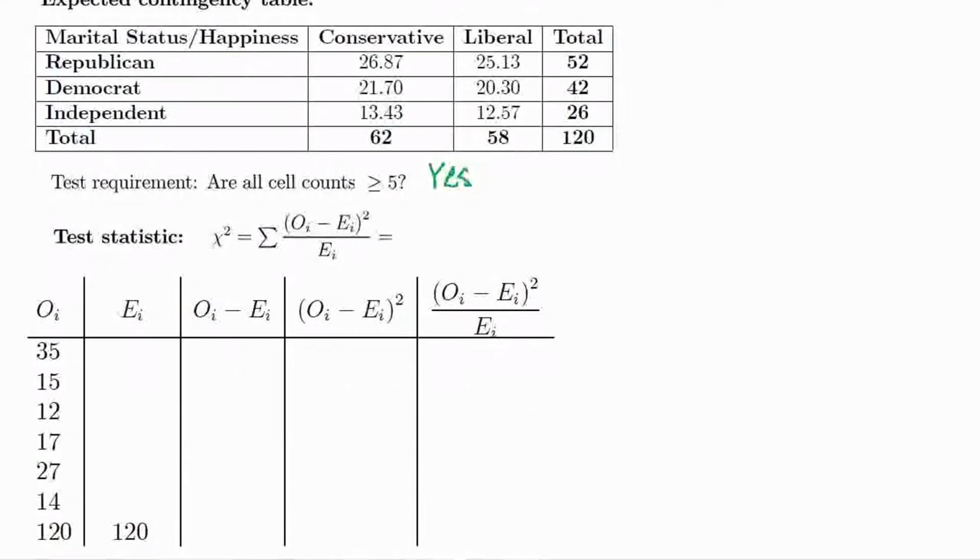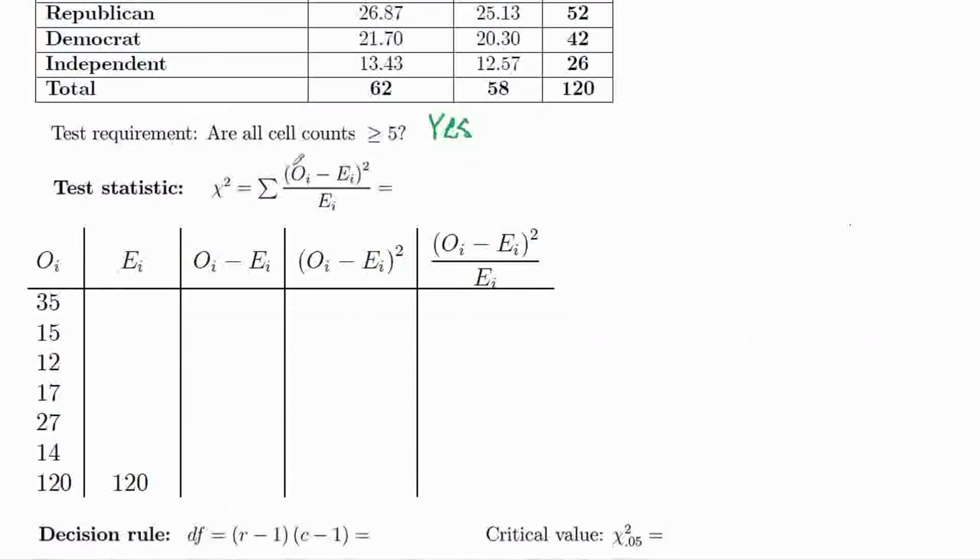And now we want to compute our test statistic. So that's the sum of observed minus expected, squared, over expected. So I've got the observed column here, expected, observed minus expected, square it, and then divide.